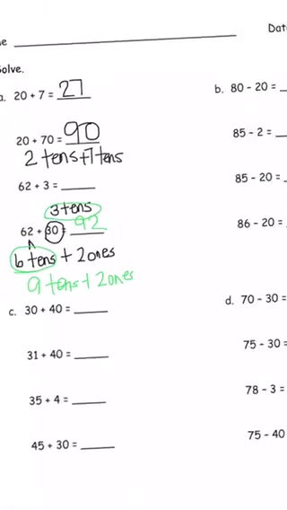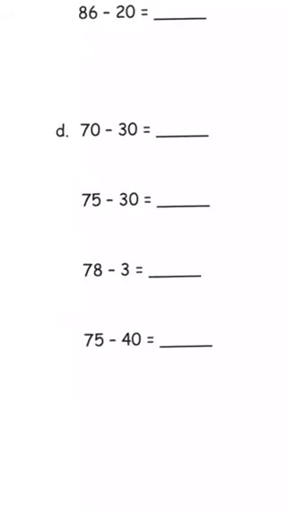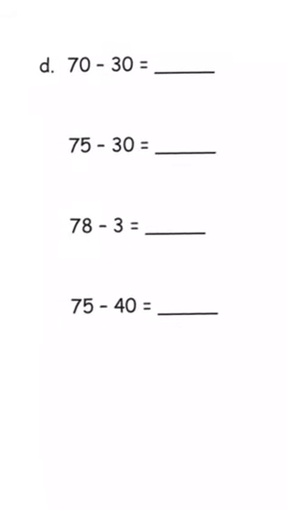All right, let's take a quick jump down here to letter D, and we're going to talk about some subtraction together. So for subtraction, we're going to do the same thing, but we're just going to look at that symbol. We're taking away. So for example, for letter D, we see 70 and 30. So 70 minus 30. 70 is the same thing as 7 tens. So we can write that out as 7 tens minus 3 tens.